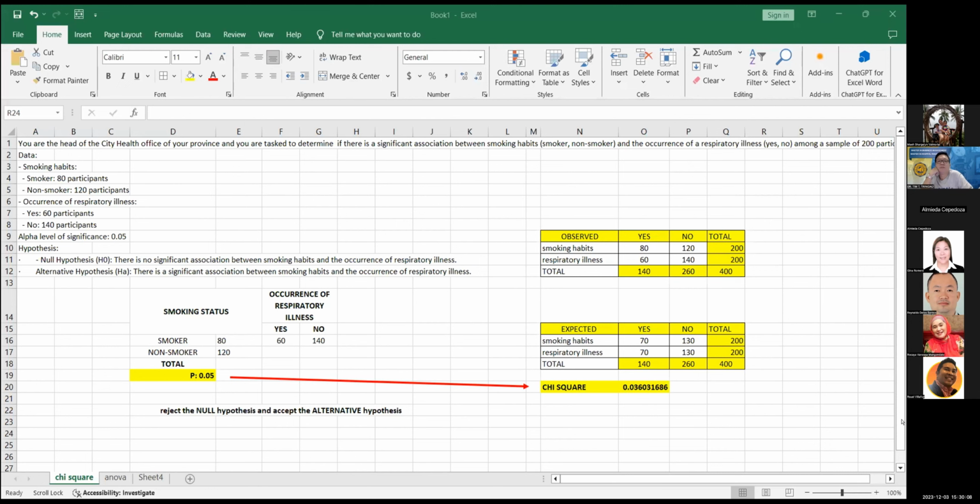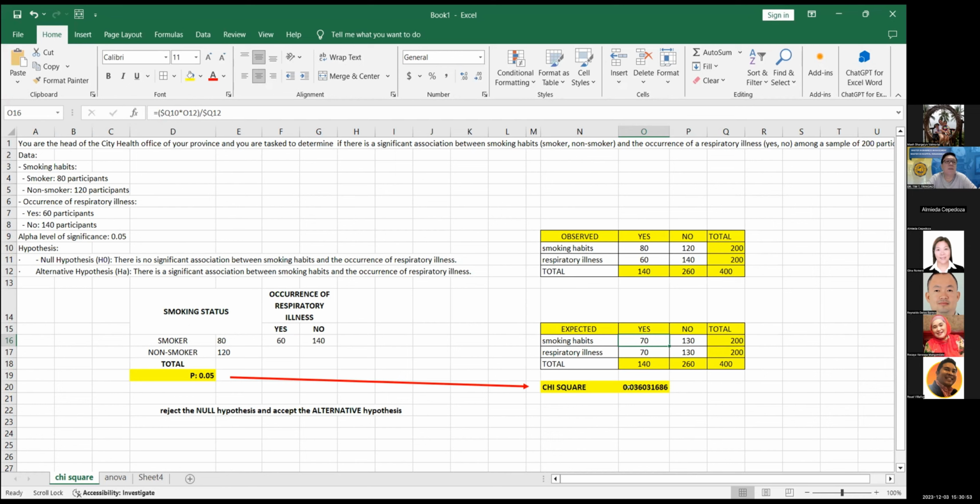Doc, ito po yung ginawa kong table. Observed is sa smoking habits po, then respiratory illness, then yes and no na lang po yung ginawa kong table. And then sa expected po is the same. We need to calculate yung summation po ng expected, which is the total of the column times the total of the row, then divided by the overall total, which is 400.